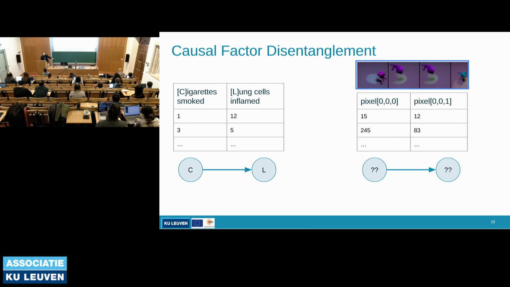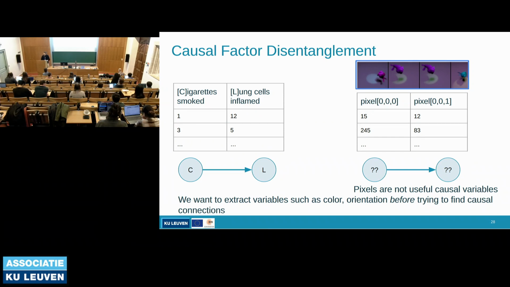But if you have a video frame evolving over time, the variables given to you a priori are pixels, and it's not so clear that these are the variables between which you want to search for causes. It's not like the left top pixel, it's very useful to say that's the cause of the right bottom pixel in the next step. So you want to first extract higher level variables between which to search for causes in the first place.